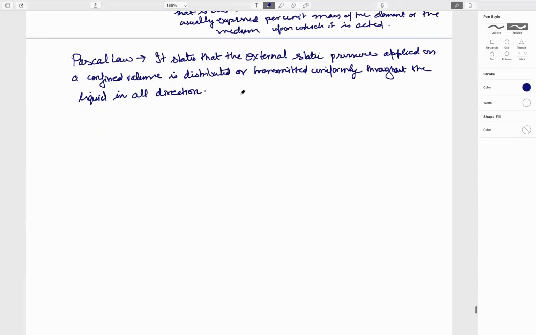What it means is, it was stated by Blaise Pascal in 1653. So let's take a piston system, which is the easiest way to understand this law.